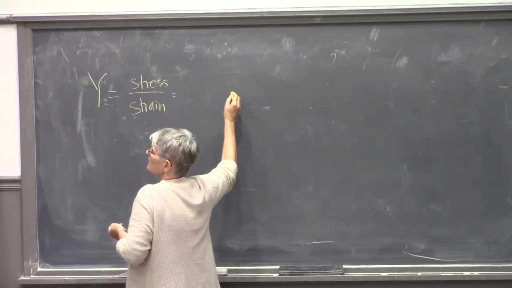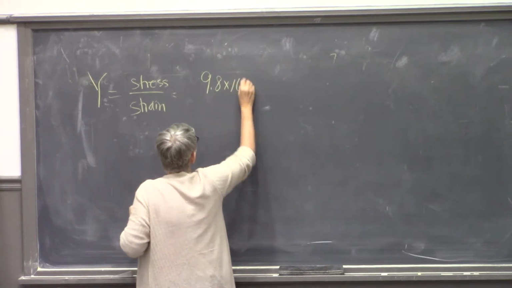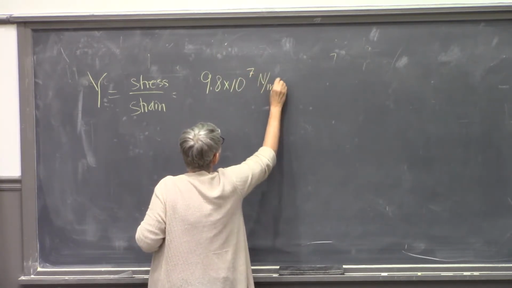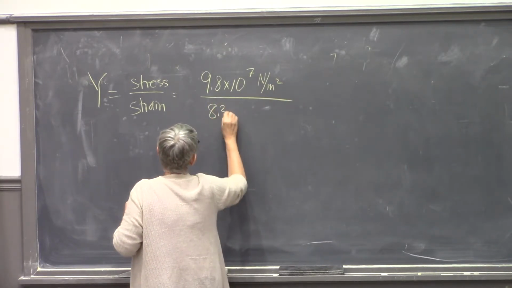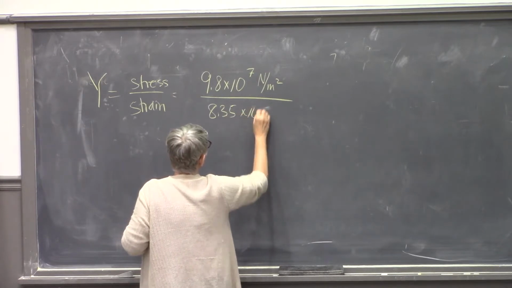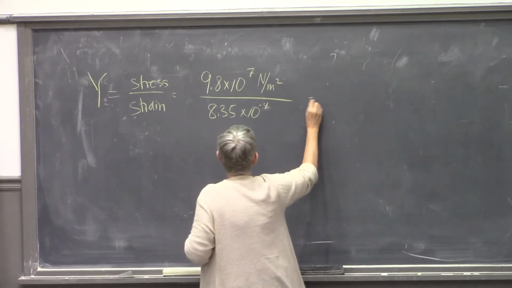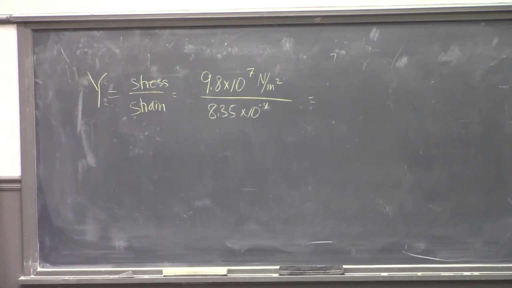So that's going to be equal to 9.8 times 10 to the 7th newtons per square meter divided by 8.35 times 10 to the minus 4th with no units. And let's calculate that.